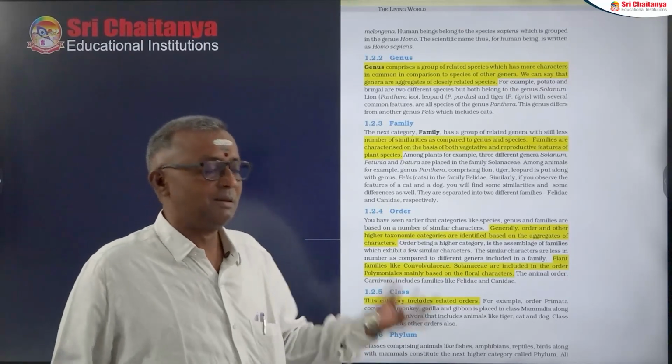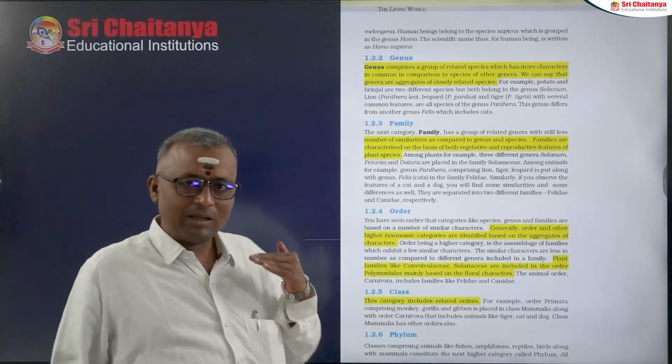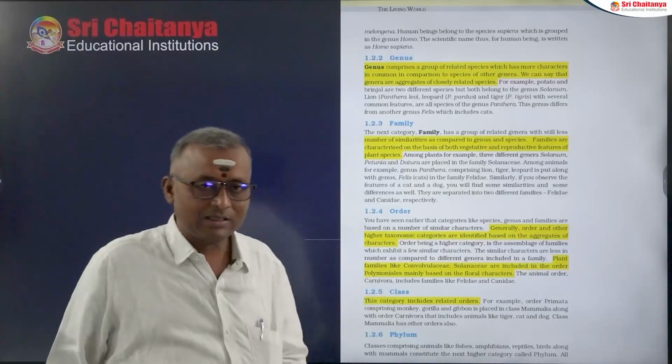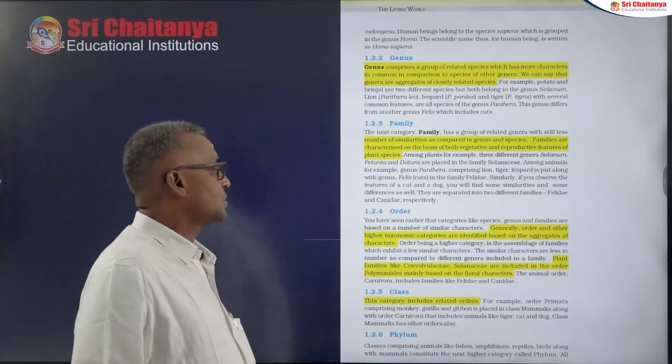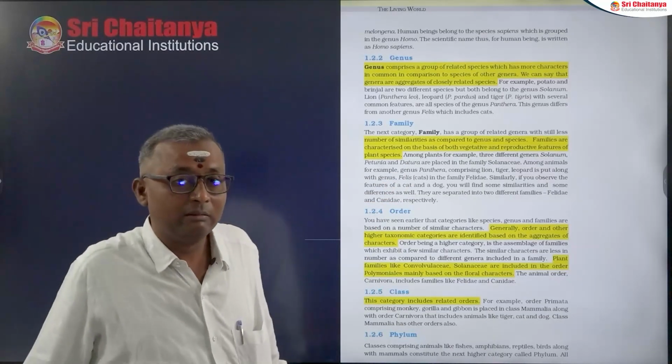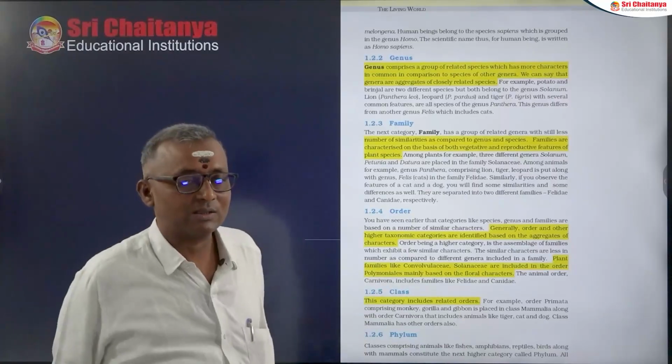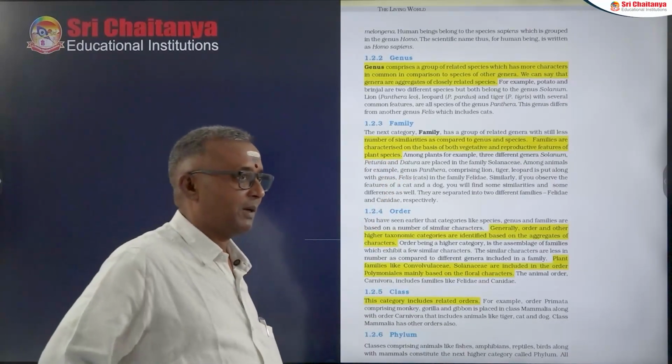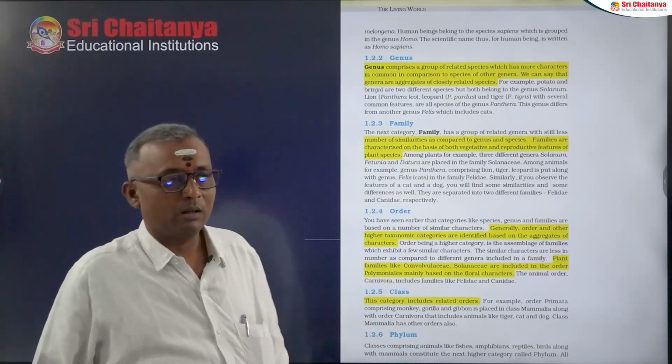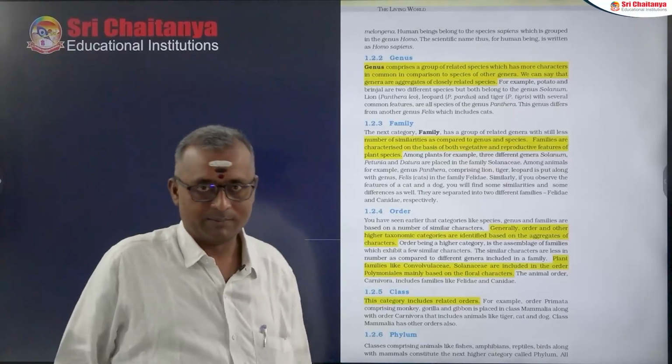Order is nothing but an assemblage of families. As the number of similar characters is very less at order level, you take different characters into consideration to identify which order a particular organism belongs to.